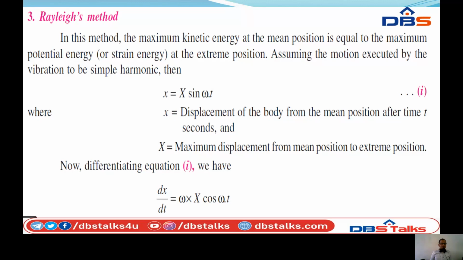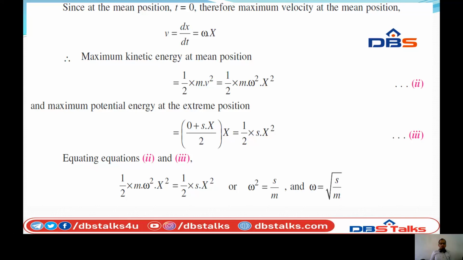By substituting t equals 0 at the mean position, cos omega t into X gives cos 0 equals 1. So the formula is v equals omega X.